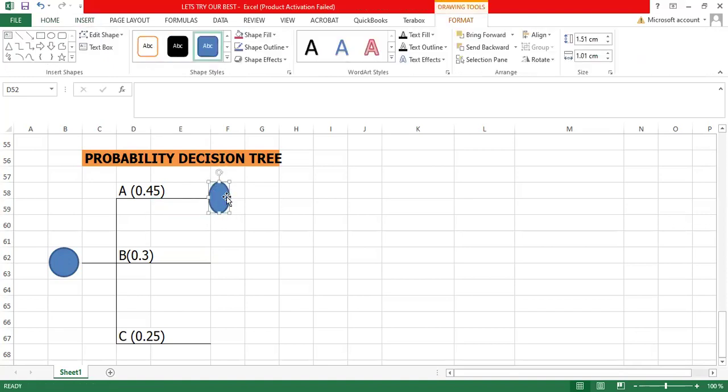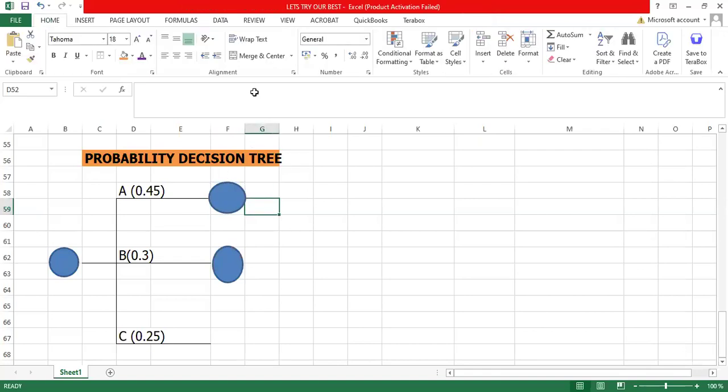So I also bring here another circle. Do you know the reason why I'm putting a circle, not a box? Colleagues, do you recall the reason? Because these are probabilities. Whenever you're going to present a probability, each probability must start.